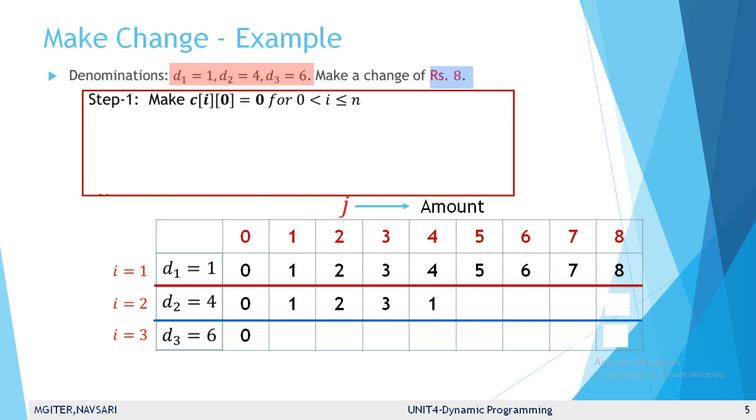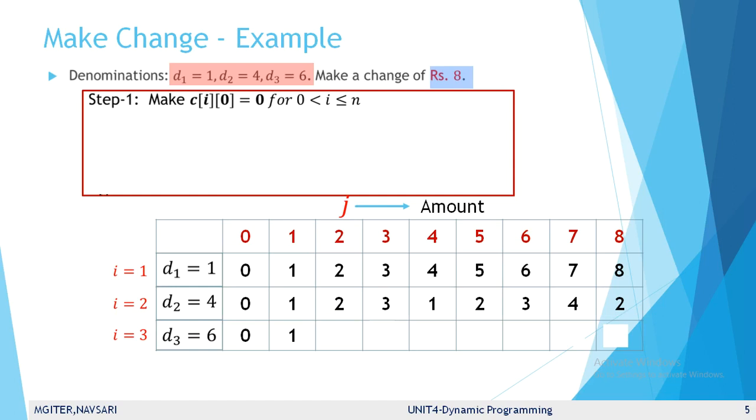For change of 5 rupees, we use 2 coins, that is 1 coin of 4 rupees and 1 coin of 1 rupee. Same, 3 coins: one 4 rupee coin and two 1 rupee coins. Same, 4 coins: one 4 rupee coin and three 1 rupee coins. Same, for change of 8 rupees, 2 coins of 4 rupees.